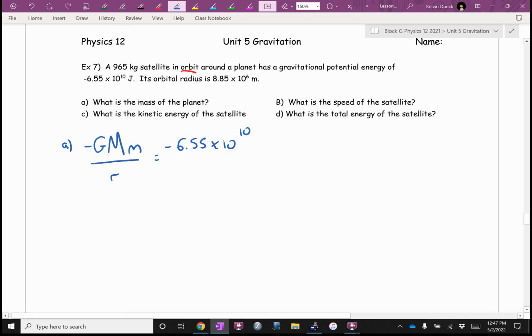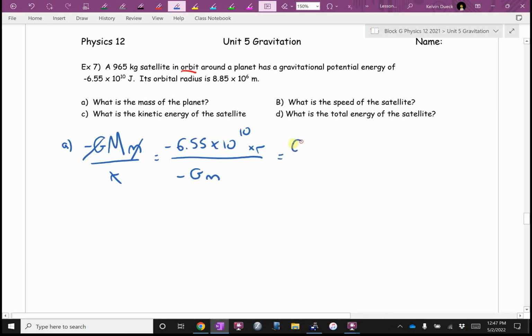Okay, I thought this was going to be a lot tougher. Actually, I can find the mass of the planet just because I know how much energy is involved here. To get the big M by itself, I guess it's going to be times by R and divide by negative big G little m. The negatives will cancel. That's good. Mass is always positive.